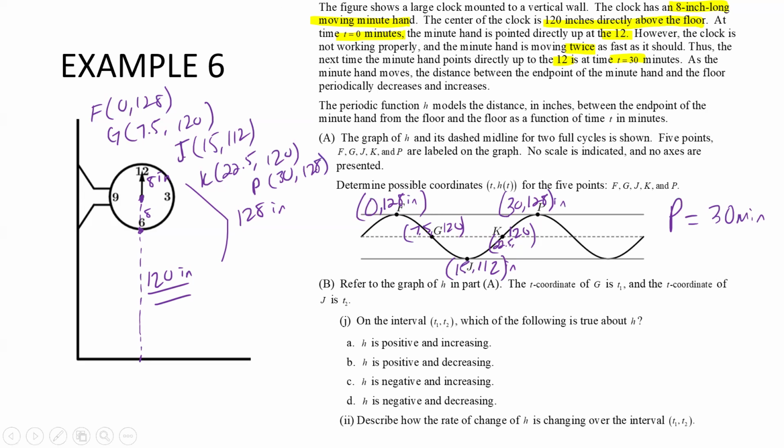I thought it was J. Wait, which part is this supposed to refer to? On the interval, it says J. So looking on the interval J, which of the following is true about H? So just from G to J.